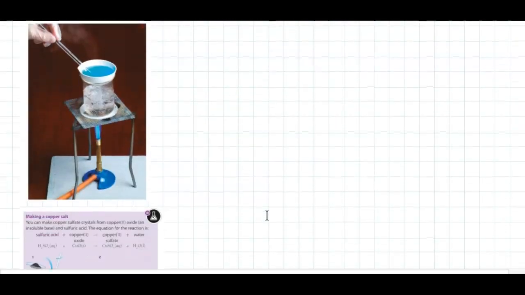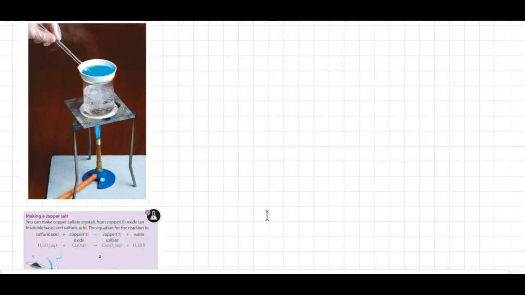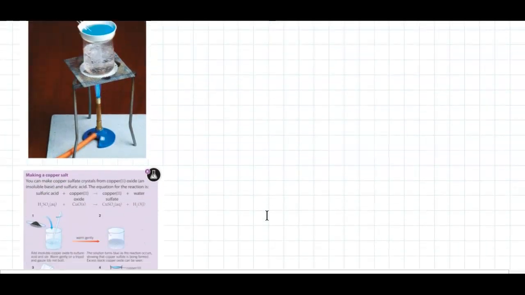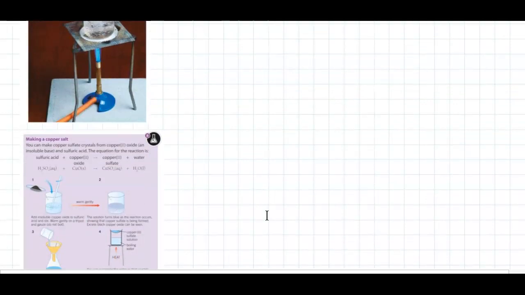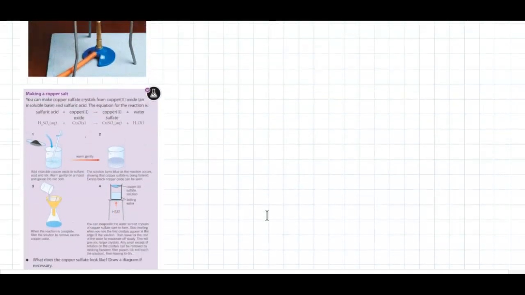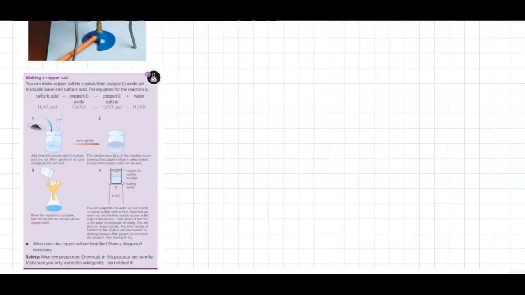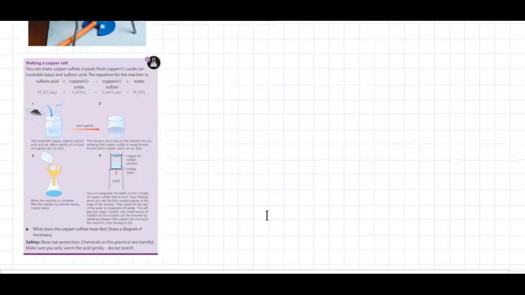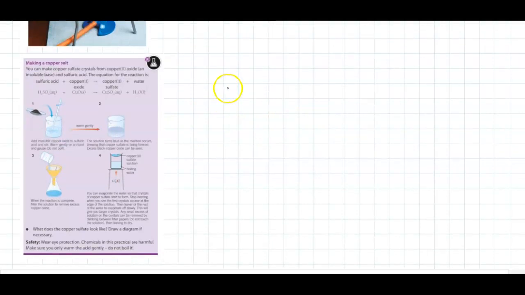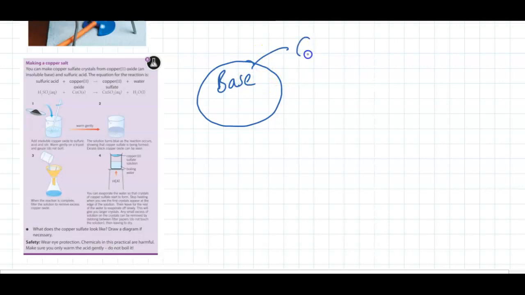So extracting metals, a little bit on applying our knowledge of that. There is definitely going to be a question about writing a method for how you can make a salt from an insoluble oxide or base. Now remember that this term base, the definition of a base, are compounds that neutralize acids.